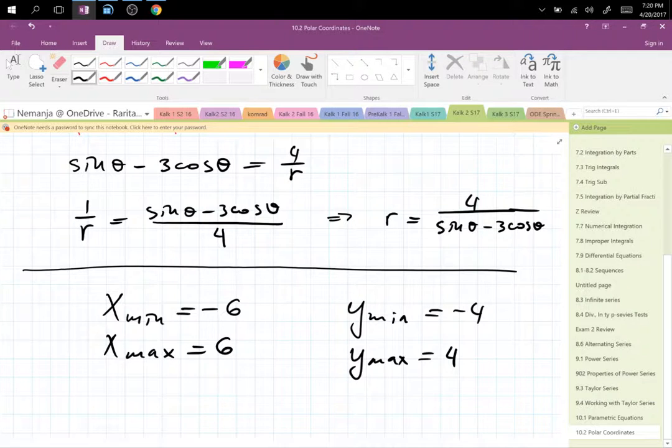Pi over... 0.130896. Still not. Did you change it to normal and then change it to radius? 4 sine 4 theta, POL, yeah.